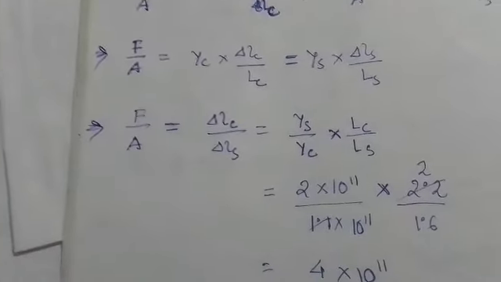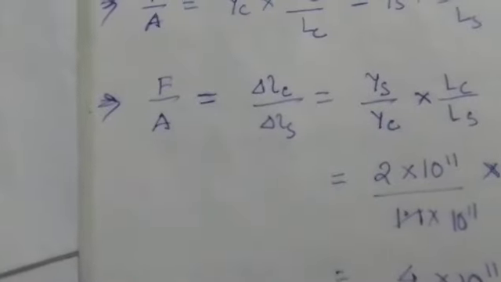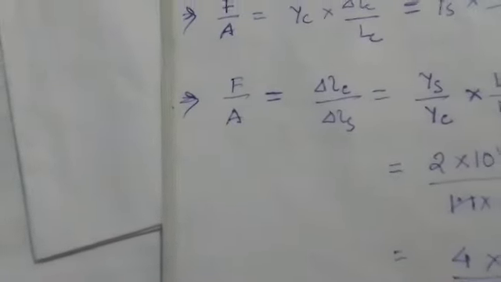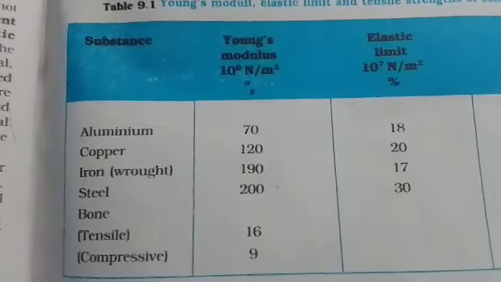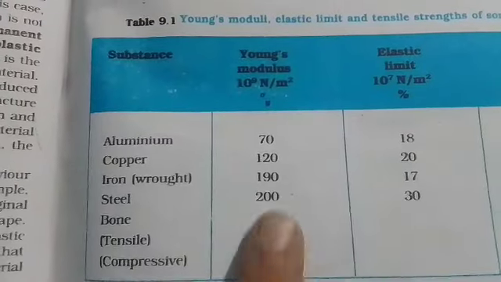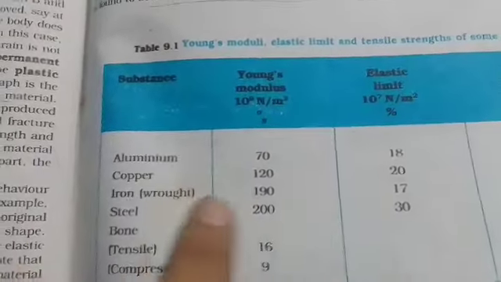Now we are trying to place the value of Young modulus of steel wire and Young modulus of copper wire. We can find out these values from this chart. You can see the Young modulus of steel and copper on this page.